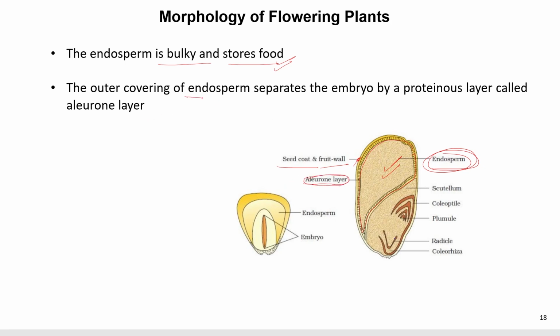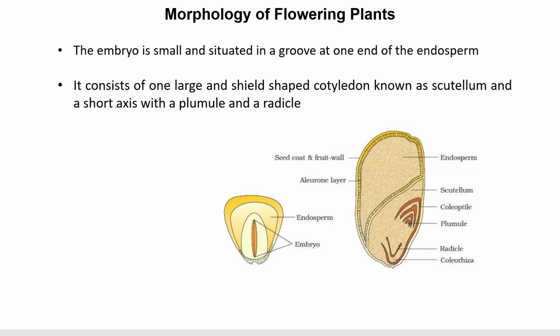The outer covering of the endosperm separates the embryo by the proteinaceous layer called the aleurone layer. The embryo is small and situated in a groove at one end of the endosperm.